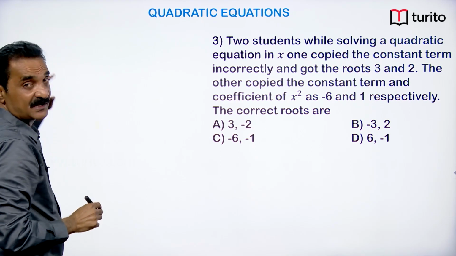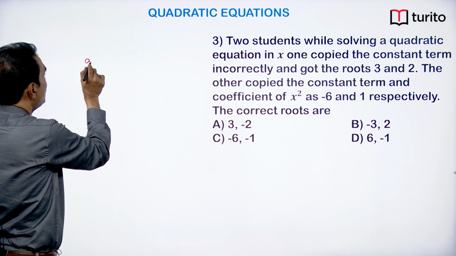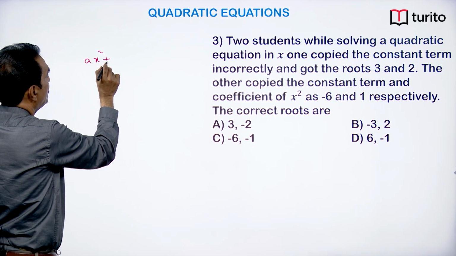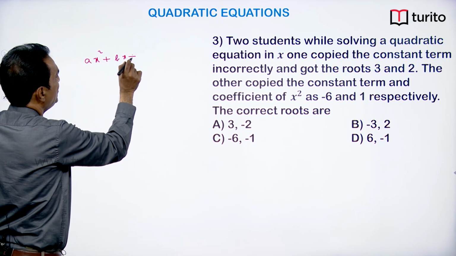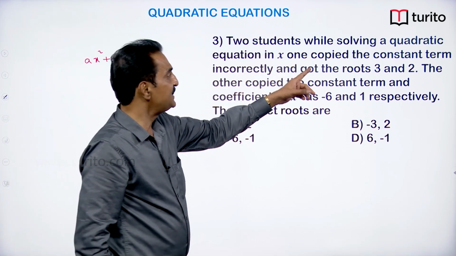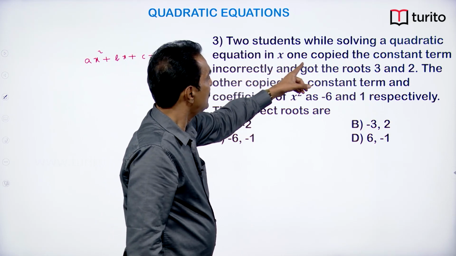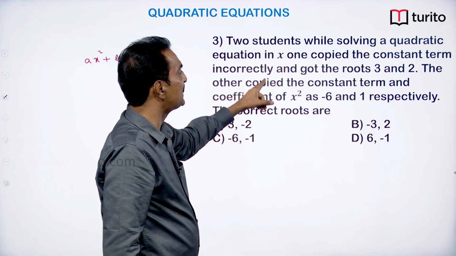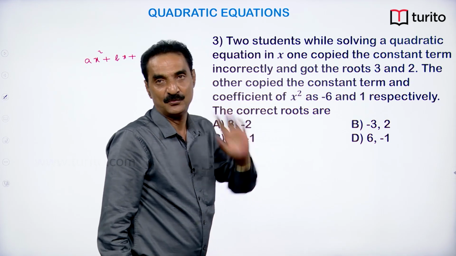Let us take the quadratic equation as ax square plus bx plus c is equal to 0. The first student copied the constant term incorrectly and got the roots 3 and 2.